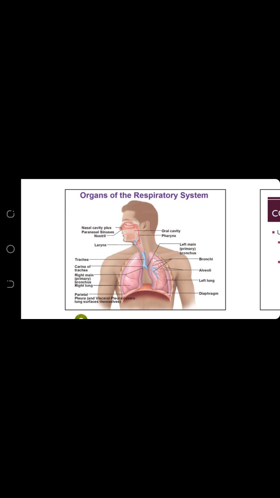Then the trachea bifurcates, forming the primary bronchus as well as the secondary bronchus, and then it gives off to the tertiary bronchus, where we get to see the alveoli and other parts of the air sac. In there, we tend to have cells such as the pneumocyte type 1 cell.